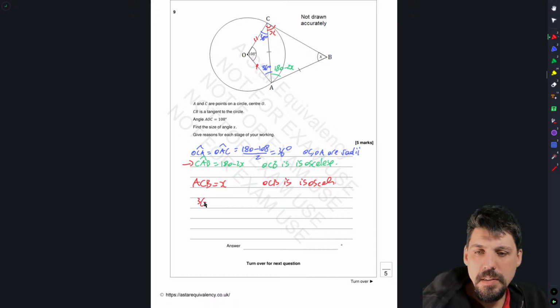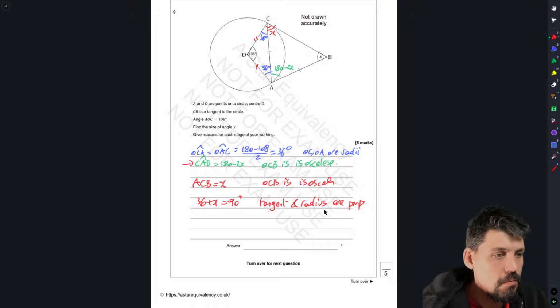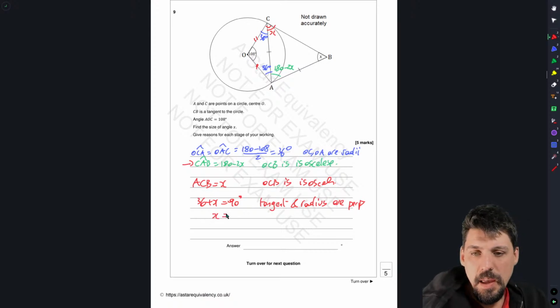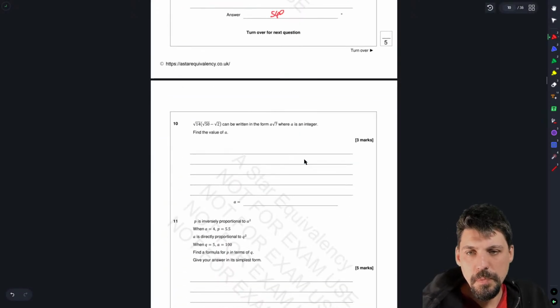And then 36 plus x equals 90 degrees, because tangent and radius are perpendicular. Yes, Fahim, the arrowhead is only in the circle. So I'm going to say x is 54 degrees. We'll do a quick reread of the paper at the end.